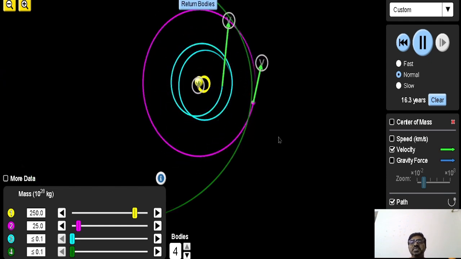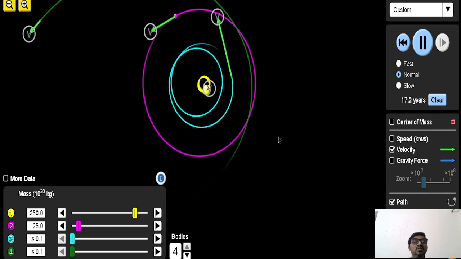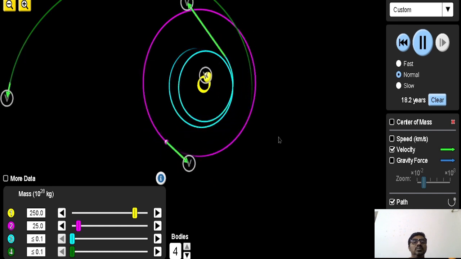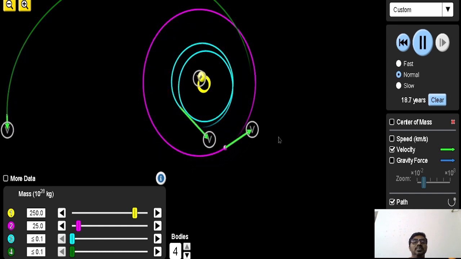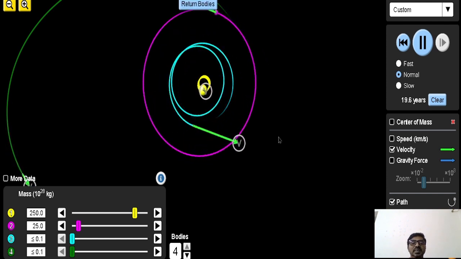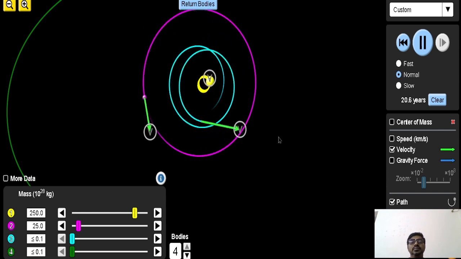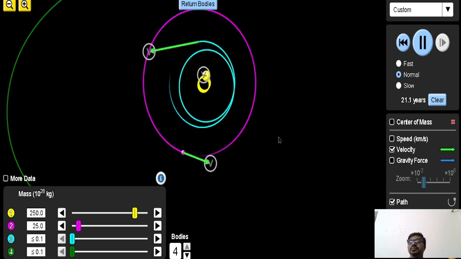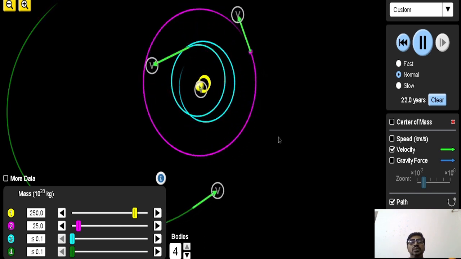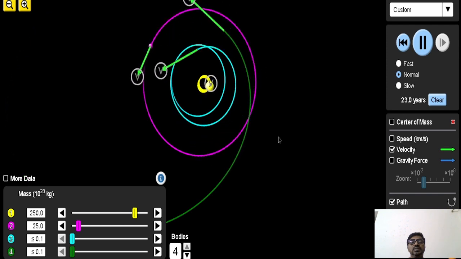Yes, very good. In 16 years' time he has come back. This is an awesome path. Looks like a real solar system, but only three planets and one star. 20 years are up. It's just a miss, you know.